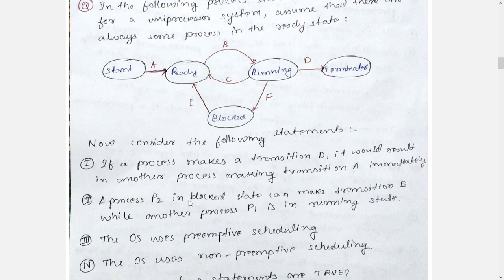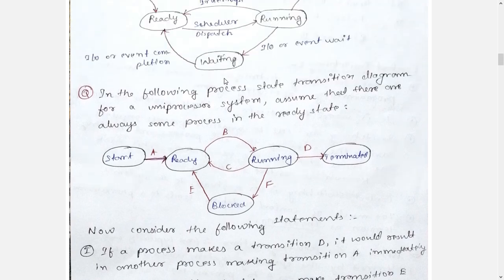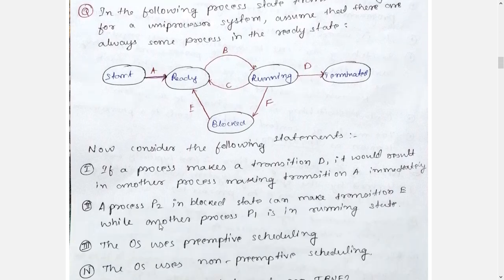A process P2 is in blocked state. As I said, IO operation is performed in the blocked state. You can also call it waiting state or block state, both are the same. Process P2 in block state can make transition E, meaning it has finished its IO and is returning to the ready queue, while another process P1 is in running state.